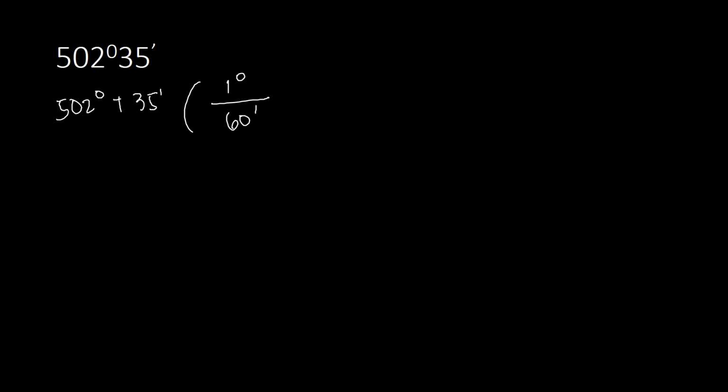And then 502 degrees plus 35 divided by 60, that is equivalent to 0.58 degrees. So adding this one now, 502 degrees plus 0.58 degrees, we have that as 502.58 degrees.